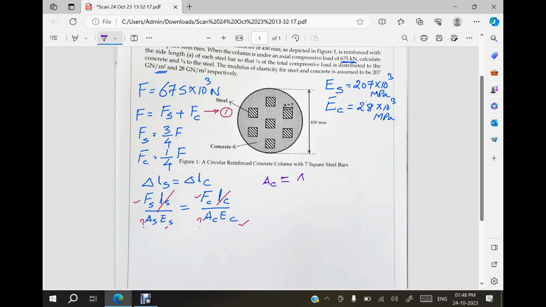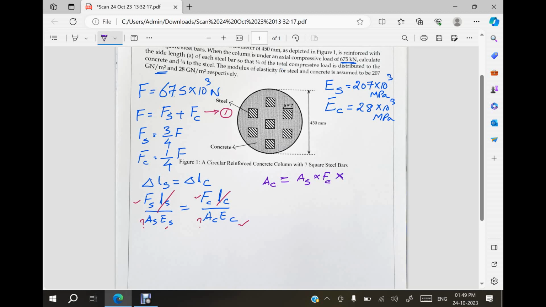I can write A of steel multiplied by E of steel, which is also going up, into F of concrete, divided by E of concrete, which is anyway present over here, and then F of steel I will bring it down.